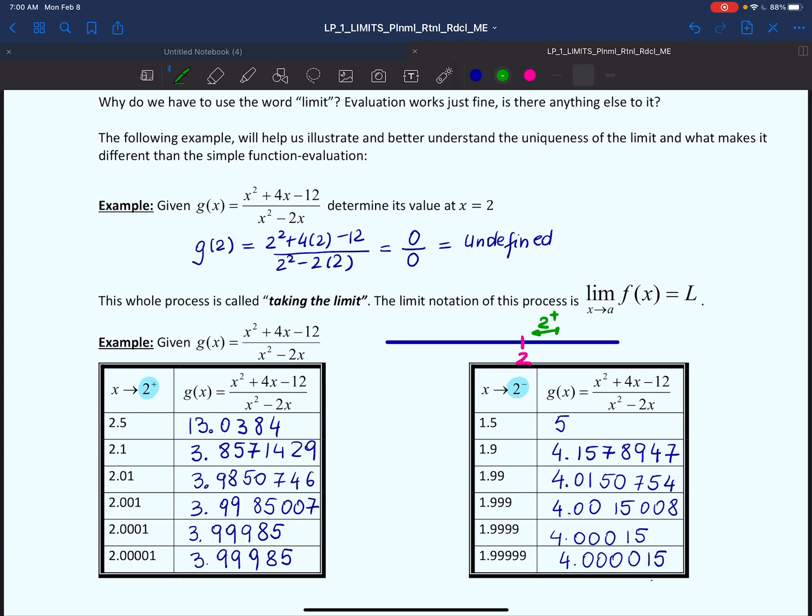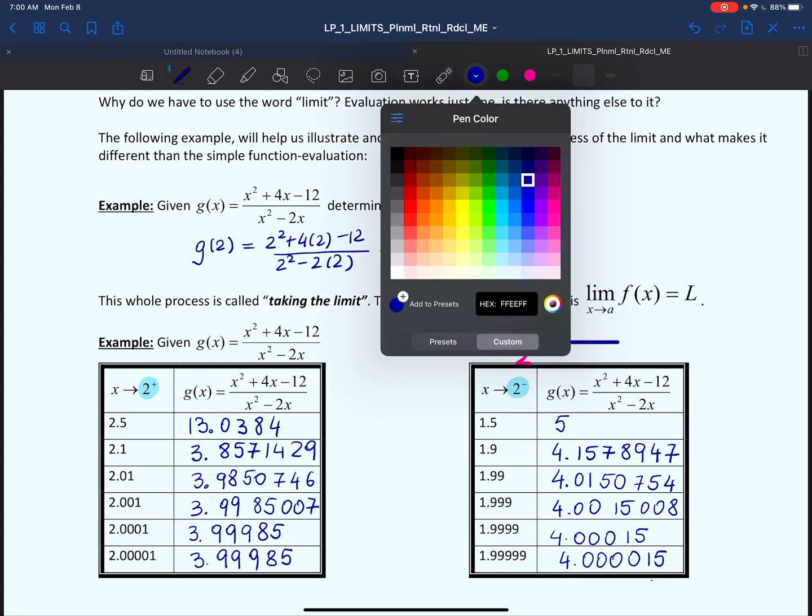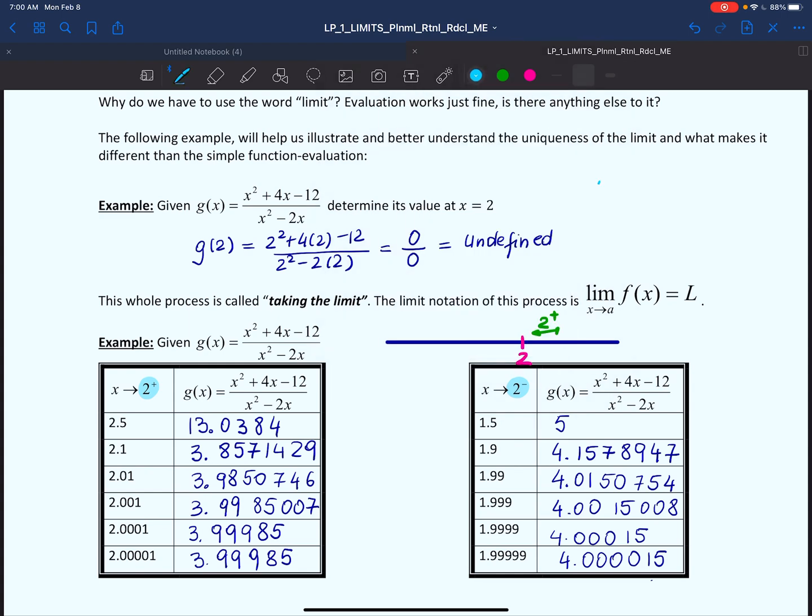Numbers like 2.01, 2.001, 2.0001, and so on. And 2 minus would be all the numbers to the left of 2, numbers like 1.9, 1.999, and so on and so forth.